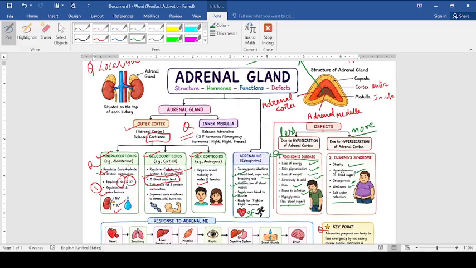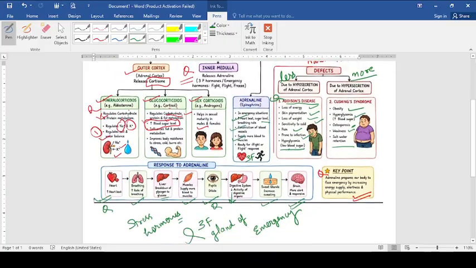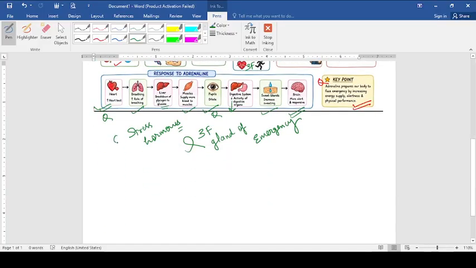So I hope this topic is clear to you all. You will get 3 to 4 most important board questions from this topic. As the first question I discussed, the location will be asked from you, and second, at the beginning I told you why it is called a stress hormone, why it is called the 3F gland, and what is the effect of adrenaline on the heart as well as on the pupil.